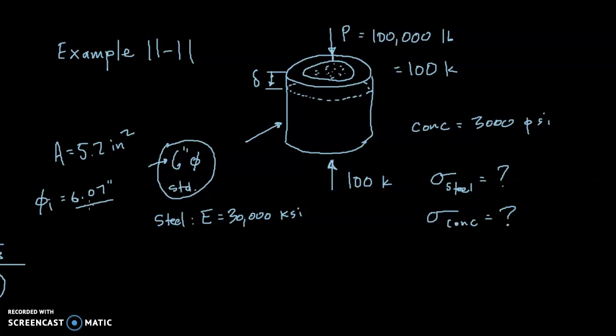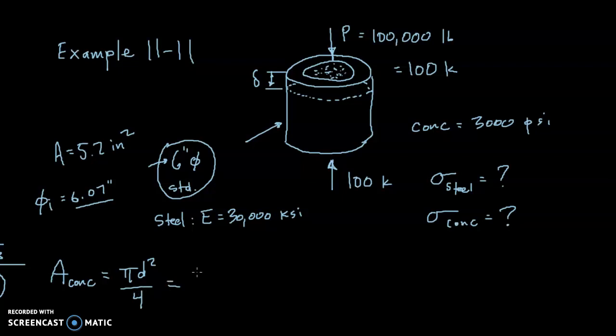It's 6.07, which is why it's important to look these values up in our appendix. And so what that means then is that the concrete that's filling in our pipe has a diameter of 6.07 inches.